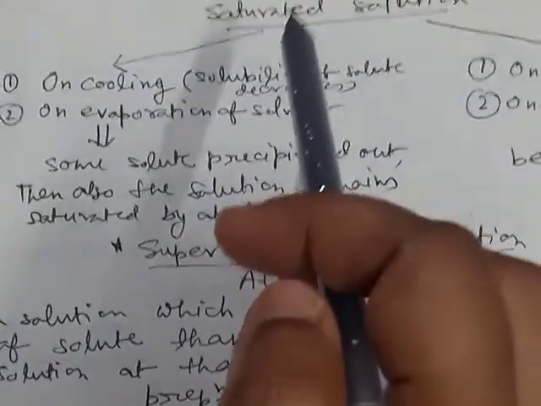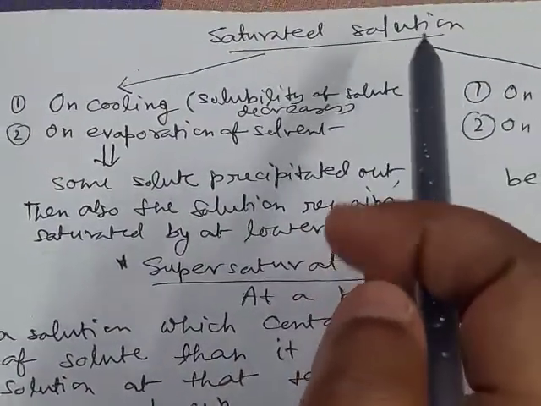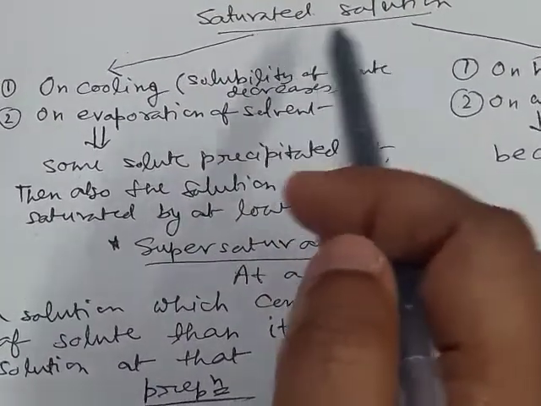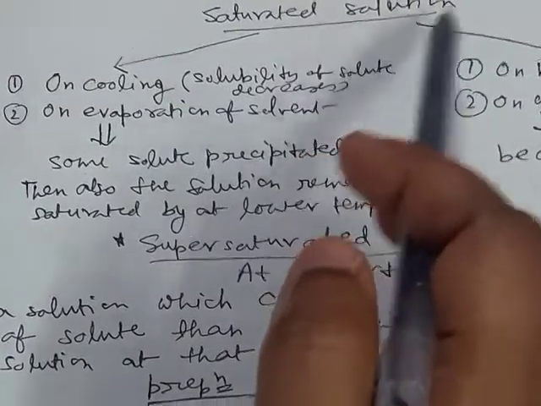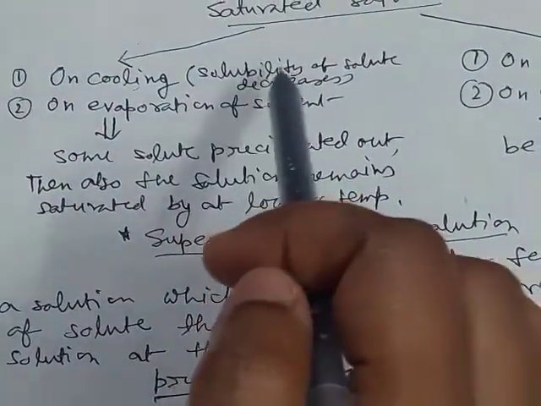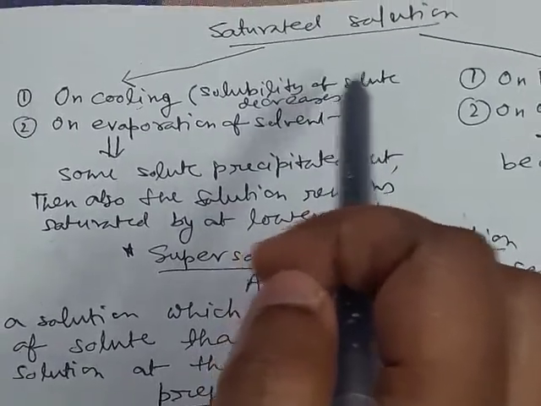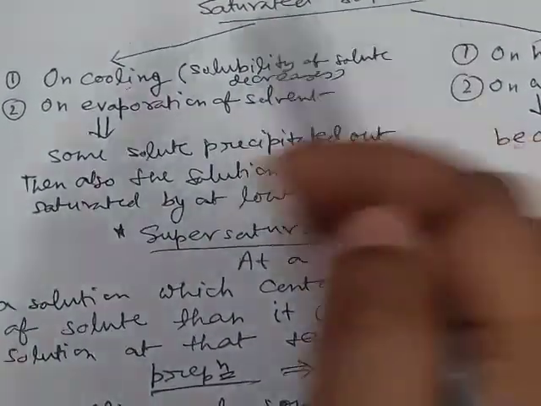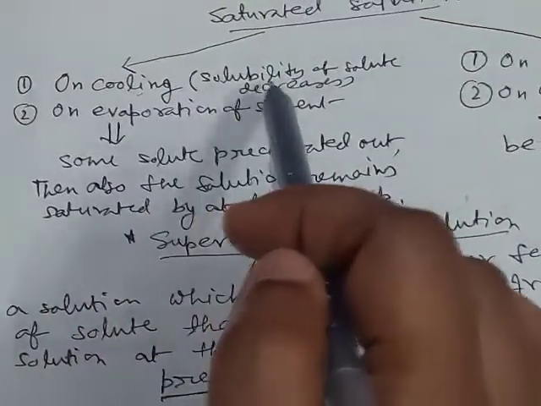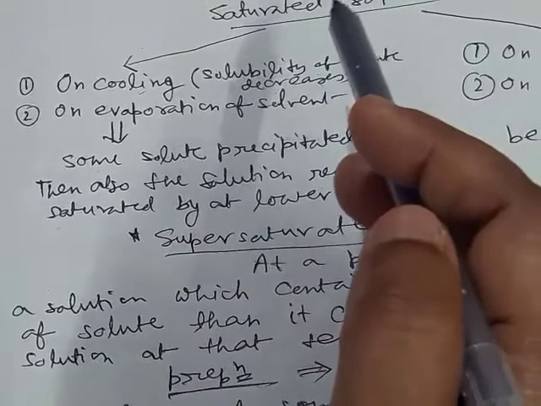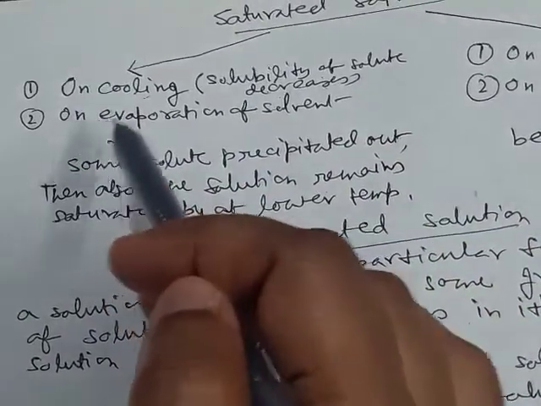Now, saturated solution. What will be the fate of a saturated solution when we cool it down? On cooling, we know the solubility of any solute decreases with decrease of temperature and increases with increase of temperature. So on cooling, the solubility of the solute decreases, so some solute will be separated out.